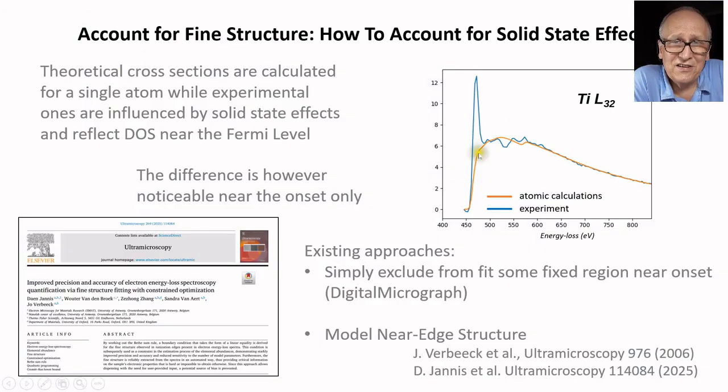And that is because calculations are for a single isolated atom, but in fact we are dealing with atoms in the solid state, and there are solid-state effects which modify the scattering shape, and everything is more complicated. Fortunately, as is clear from the name near-edge structure, these deviations are pronounced only just near the onset, and if we increase energy, they decay, they disappear.